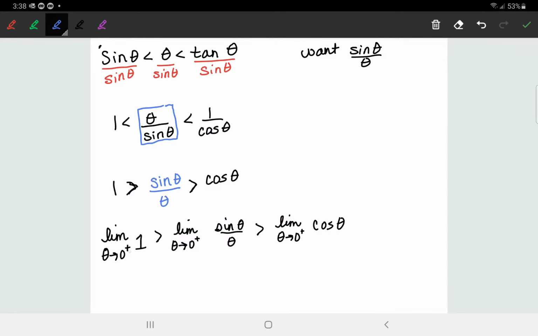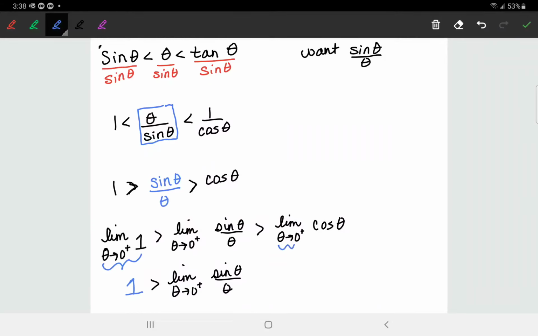Now we can just take these limits. 1 is a constant. It does not depend on what's happening to theta, so this limit is 1. 1 must be greater than the limit as theta approaches 0 from the right of the sine of theta divided by theta.